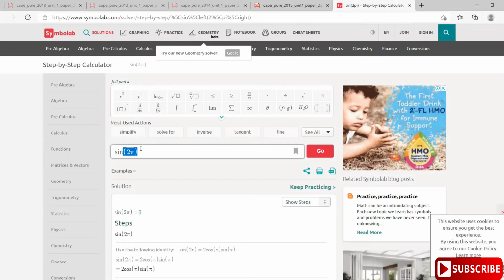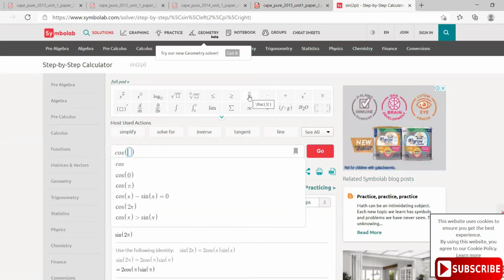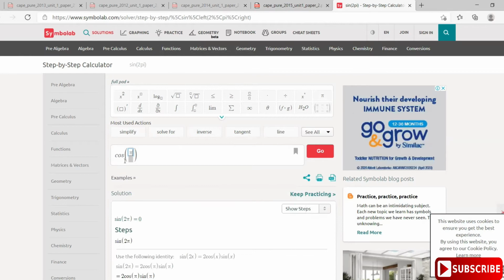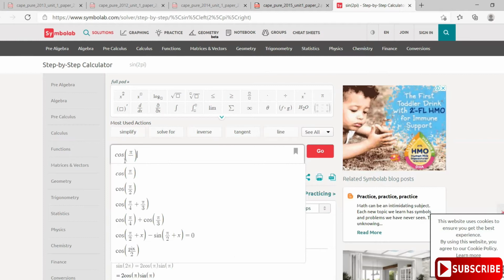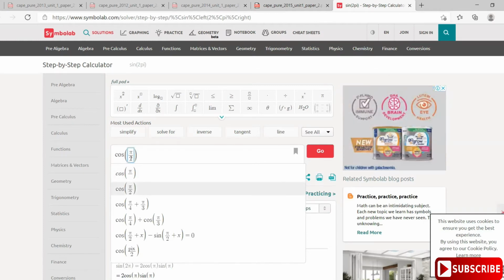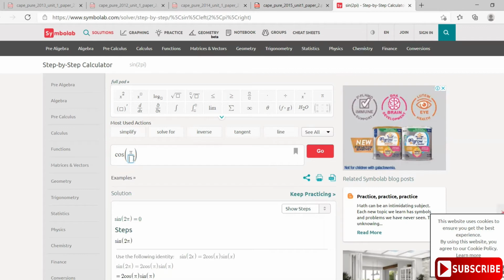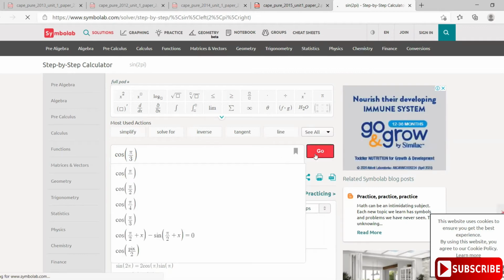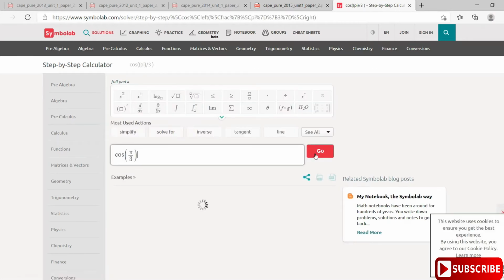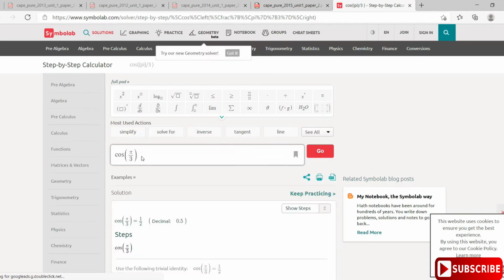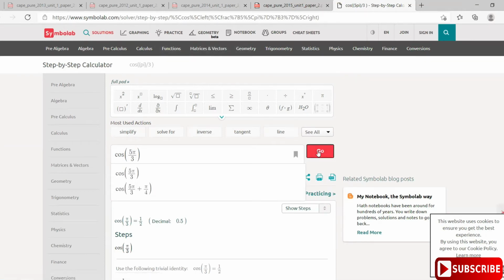The cos of pi divided by 3, here it is, cos of pi by 3. We're going to get 0.5, or 1 over 2. There you go, 1 over 2. And the cos of 5 pi by 3, you're going to also get 1 over 2.